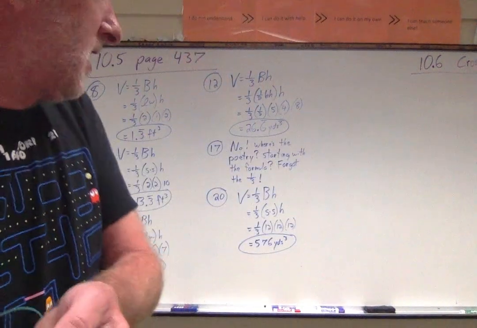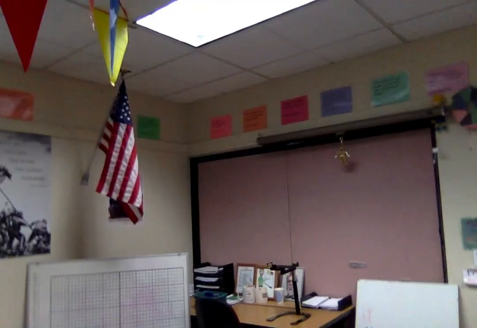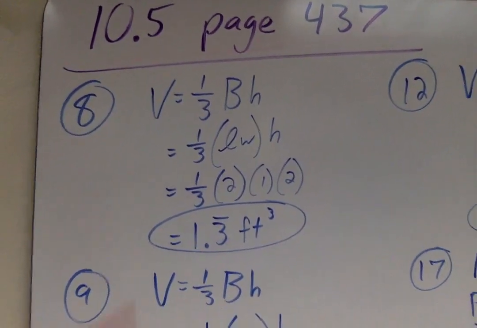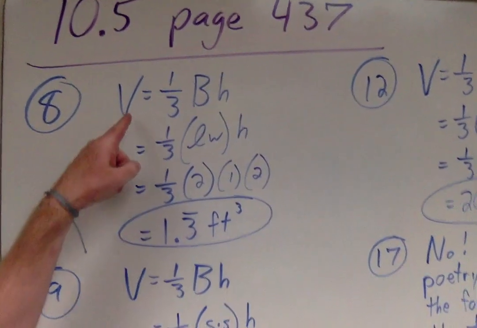All right, everybody. First of all, let us talk about 10.5, which we did the other day. We were talking about the volume of pyramids. Well, I write down my formula. Look at that beautiful poetry. Almost as beautiful as my Justin Bieber hairdo. Number 8. You got to write down the formula first.